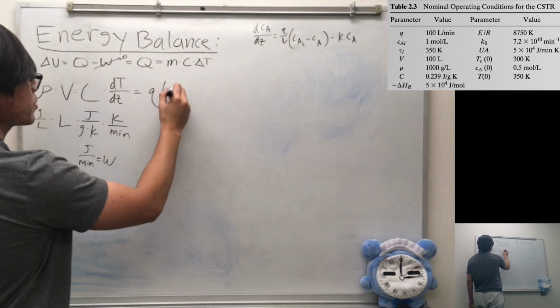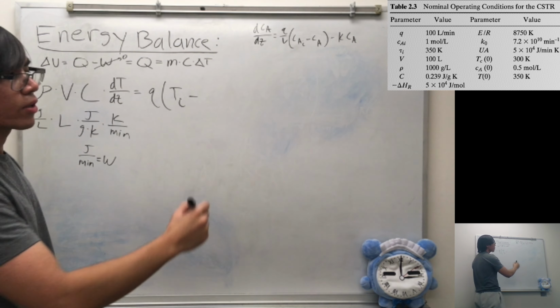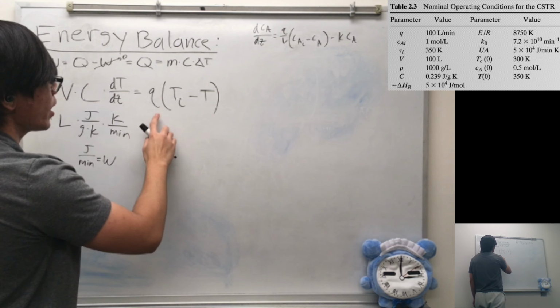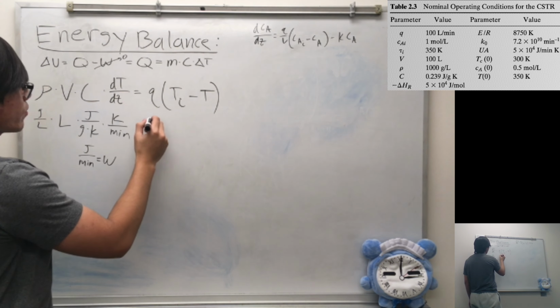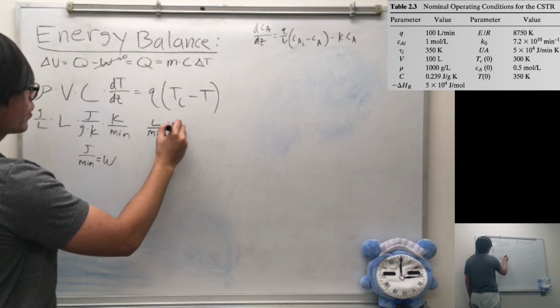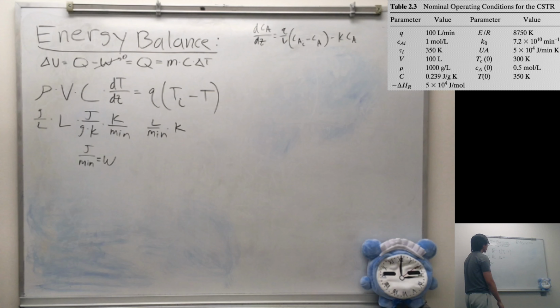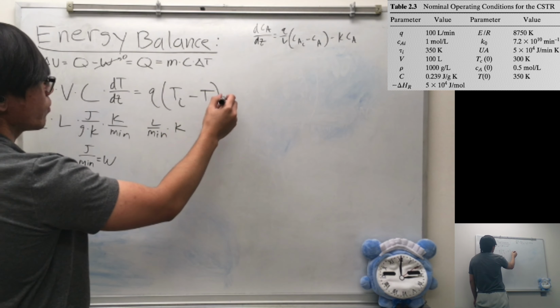We have our initial temperature minus our actual temperature in the reactor, which we denote as T. Remember our units here, Q is a volumetric flow rate, so that's liters per minute. And now we're left with times Kelvin, our temperature. So clearly we're missing some parameters here. So what do we know?